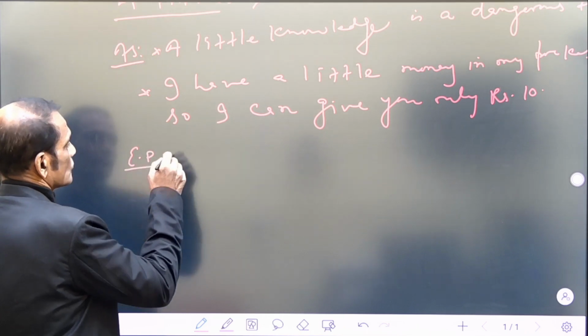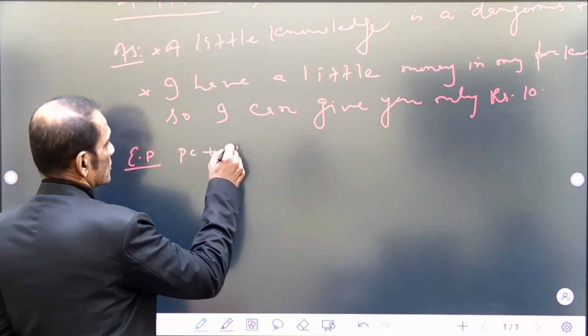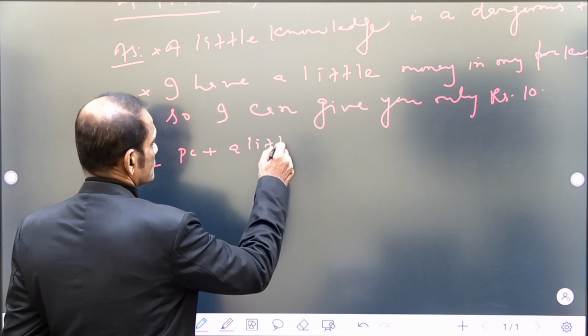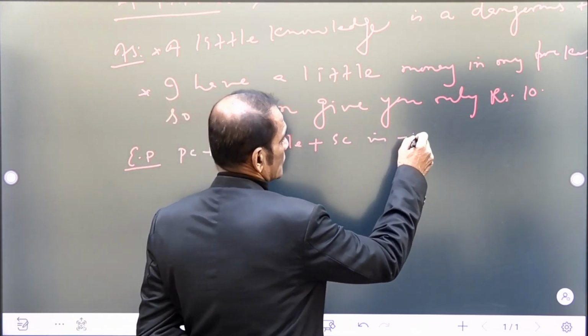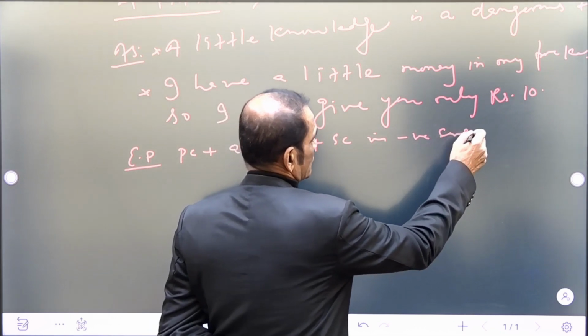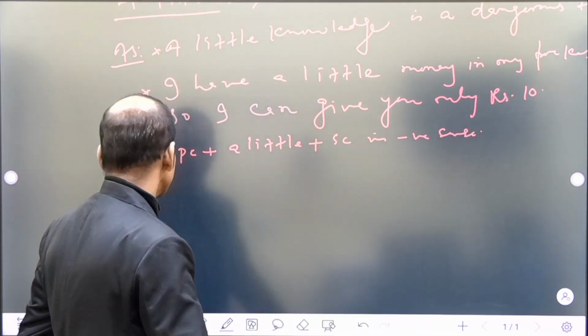So let's see the error point. EP, PC plus a little plus SC in negative sense. In this case, the sentence is incorrect.